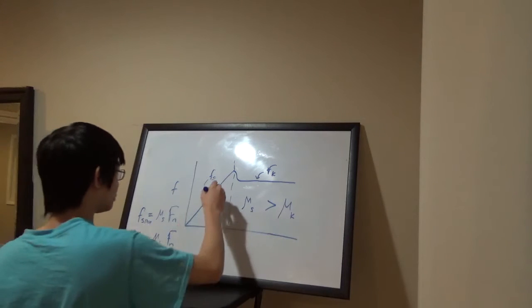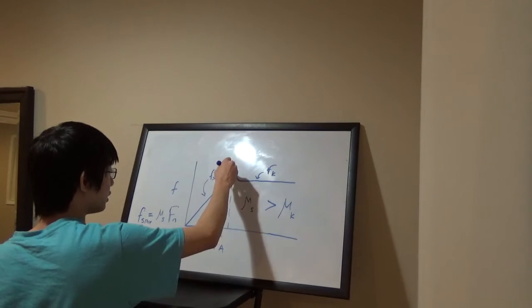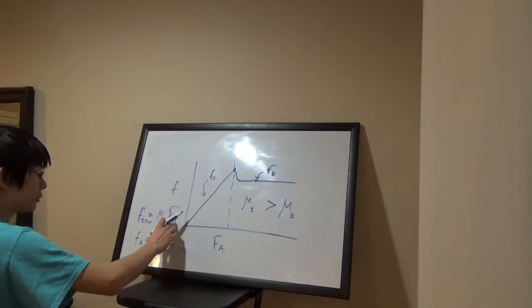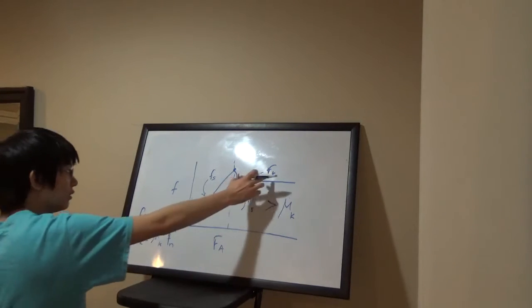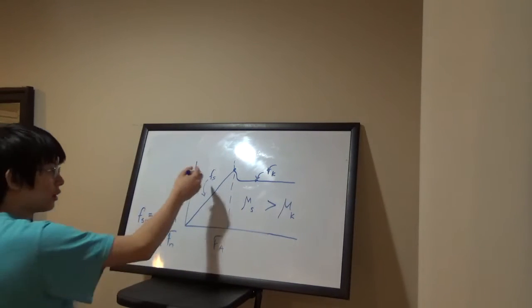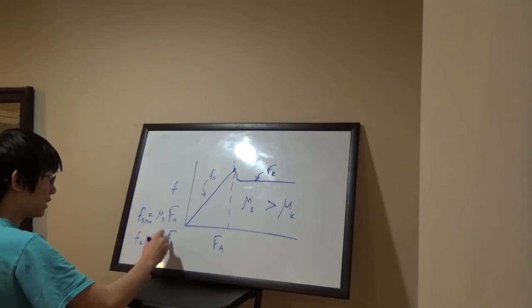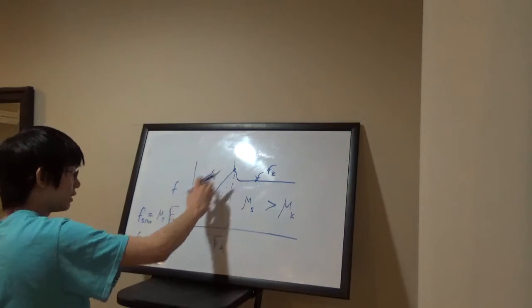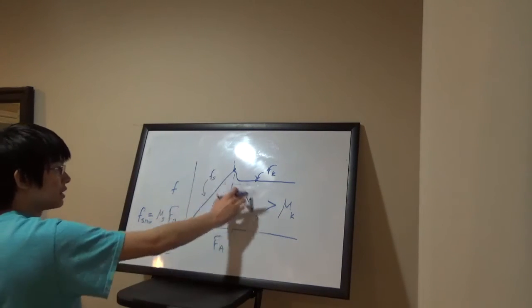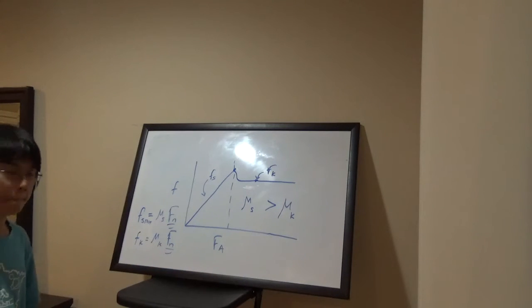Why is that? Well, that's because this point here is higher than this point here. We're multiplying both of these by F of n to find either F of s or F of k. We're multiplying by the same thing, but this one is higher than this one. That means this coefficient has to be higher than this.